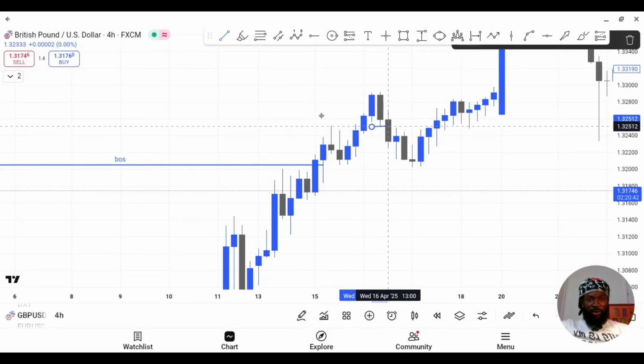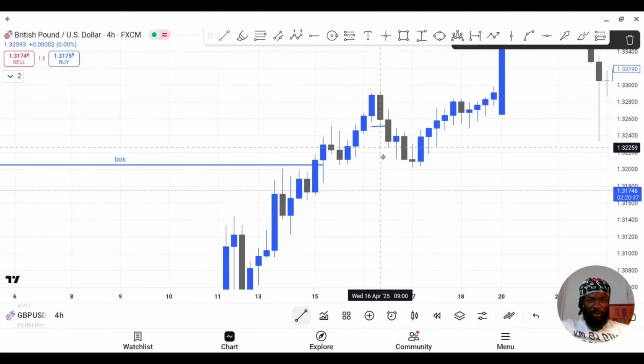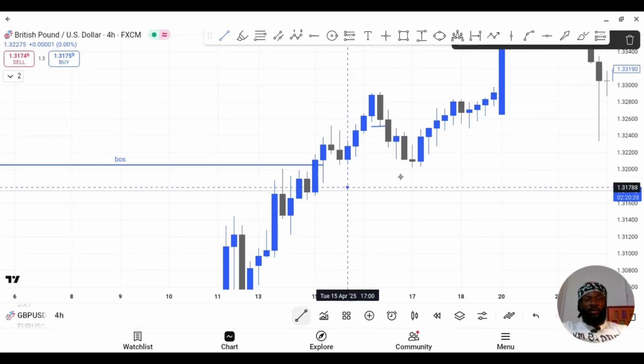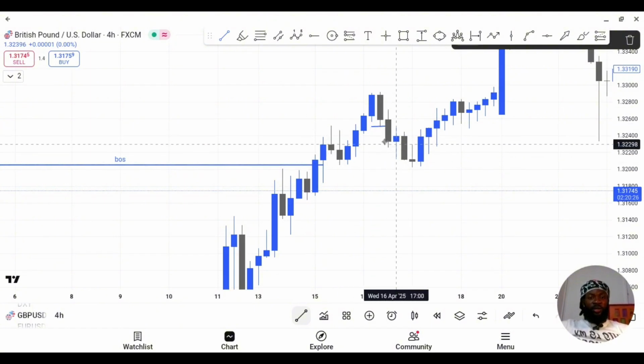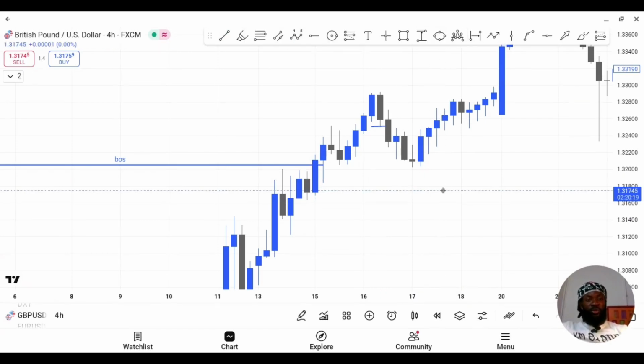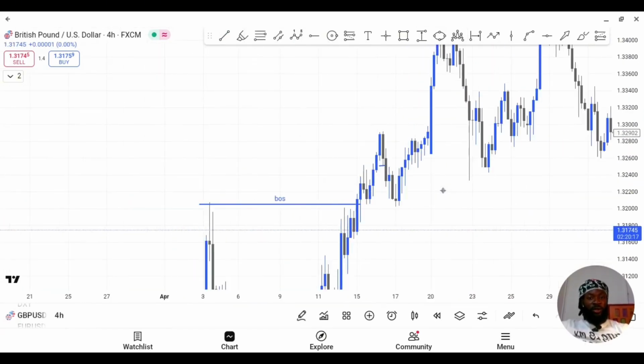Close below one, then close below. No, this pullback is not clear, so we allow it to be. It's not clear to me. Then we move. We have not seen our pullback yet.